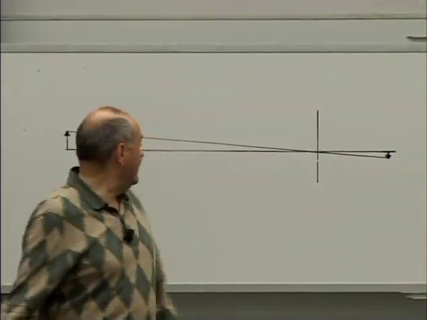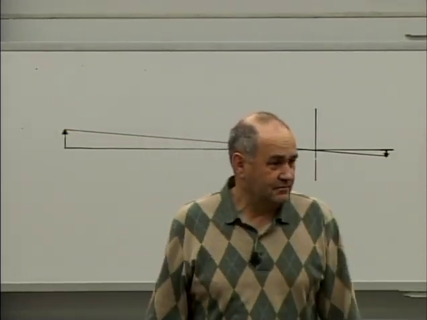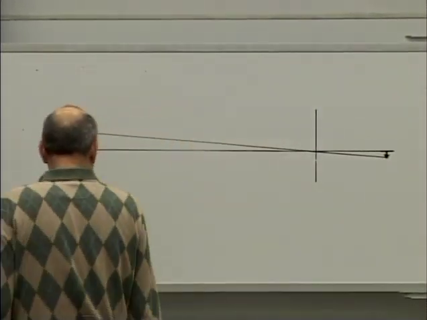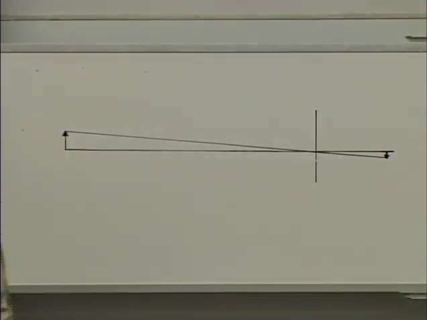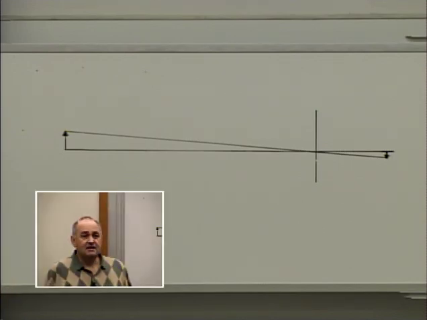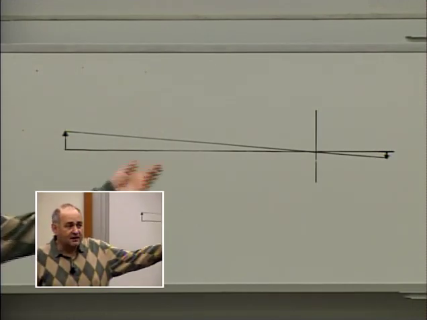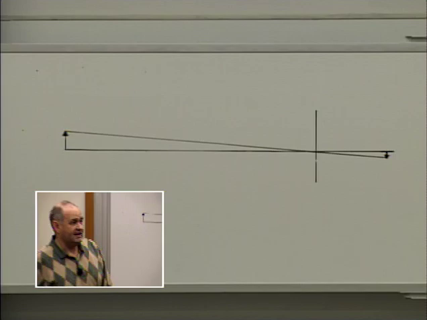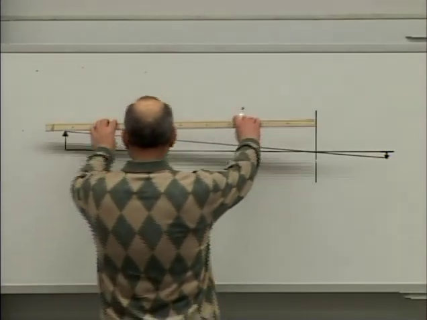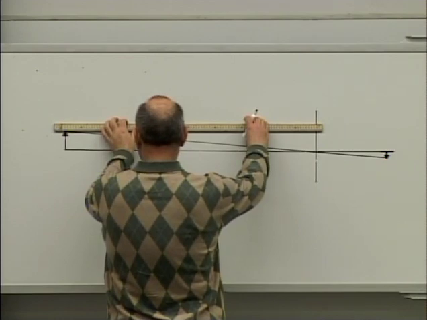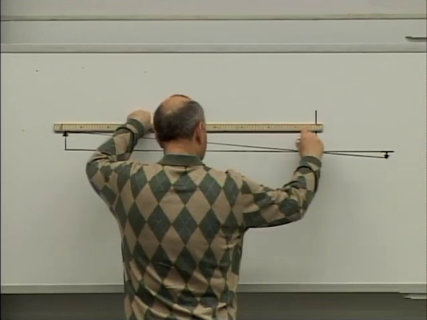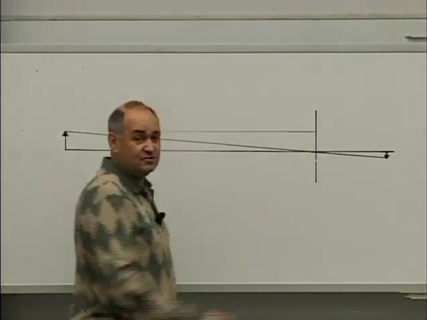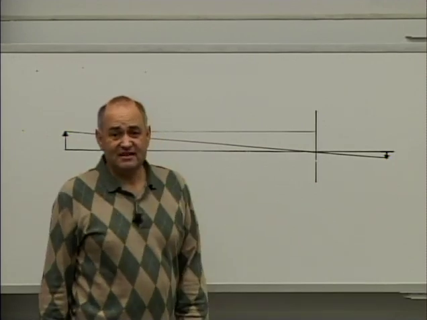Just for curiosity, let's find out what kind of lens we would need to use. Is it a diverging or converging lens? So now, when we already know where we want to have that image, we can select the lens appropriately. What do we have to do? Let's find out the focal points of that lens. So if I draw the object parallel ray, it is supposed to be refracted in such a way that it passes through the focal point.